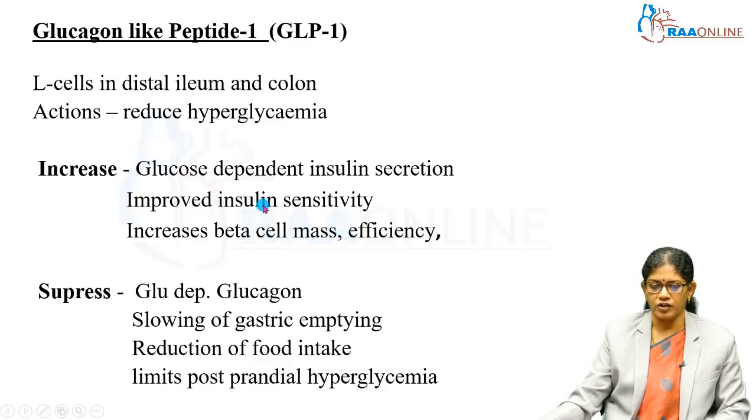They suppress glucose-dependent glucagon secretion, and slow gastric emptying, so that the fullness of the stomach is maintained, food intake is reduced, and postprandial hyperglycemia is limited. These are the advantages of GLP-1 incretin which is secreted in our body.